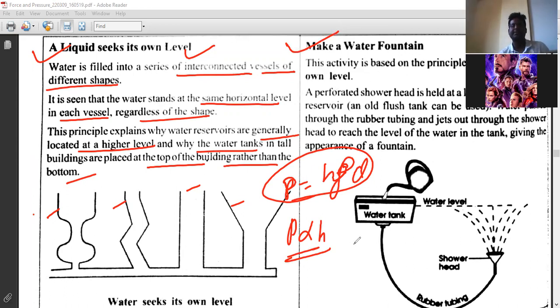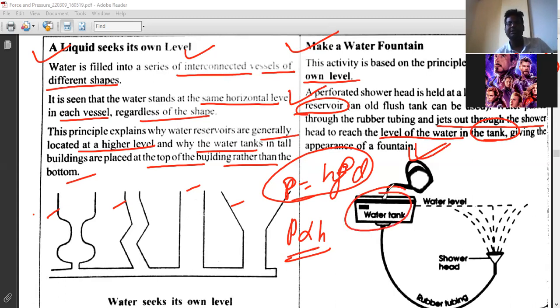Next point is make a water fountain. This activity is based on the principle that water seeks its own level. A perforated shower head is held at a level below the water reservoir. Water passes through the rubber tube and jets out through the shower head to reach the level of the water in the tank, giving the appearance of a fountain.